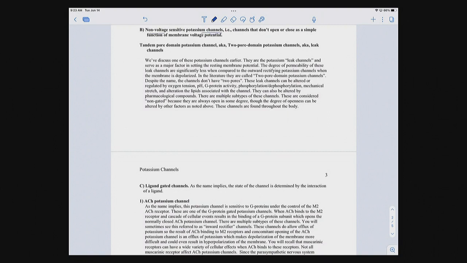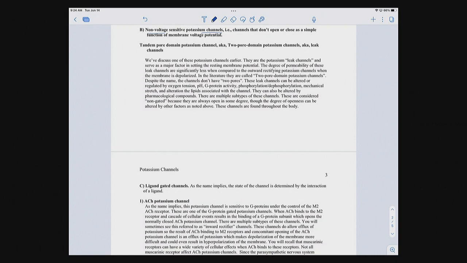What that means, obviously, is that the state of openness or closedness of the potassium channel is not influenced by the change in the voltage potential of the membrane. We're going to see an exception to that a little later on, but for right now, let's just assume that the voltage potential doesn't matter with this different type of potassium channel.